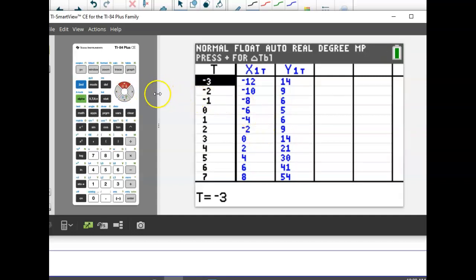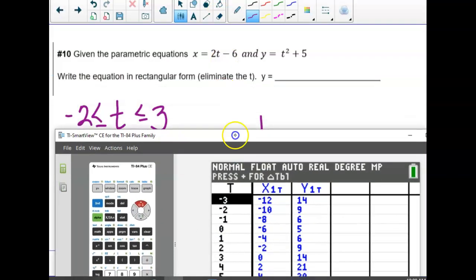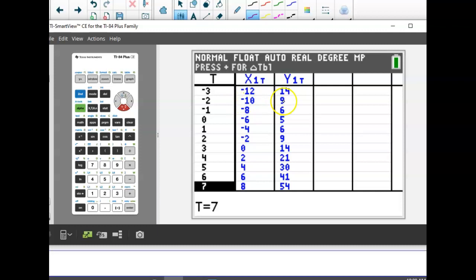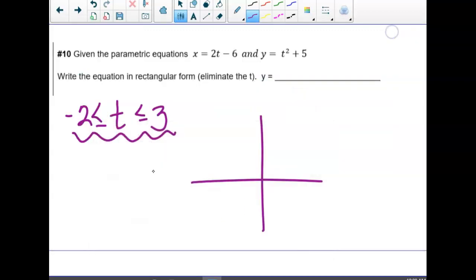Actually, it does fit on the graph paper, maybe. -2 to +3. It actually barely fits on the graph paper. The endpoints are at -10, 9 and 0, 14, which doesn't fit on the graph paper, sorry. Endpoints. When t is -2 and when t was 3.